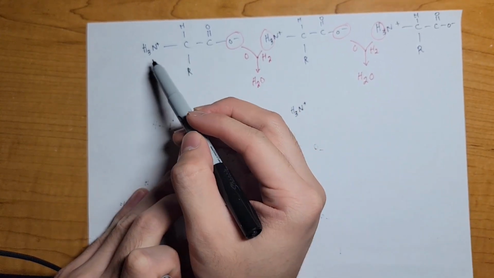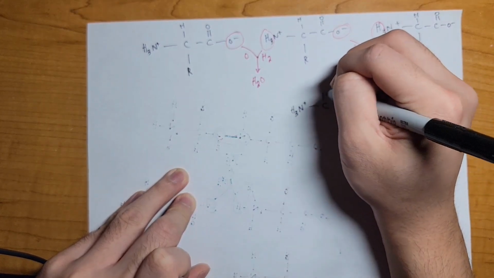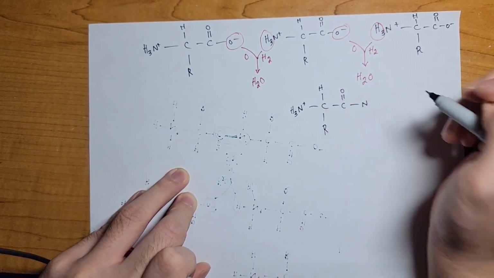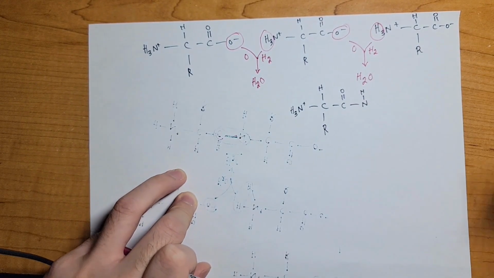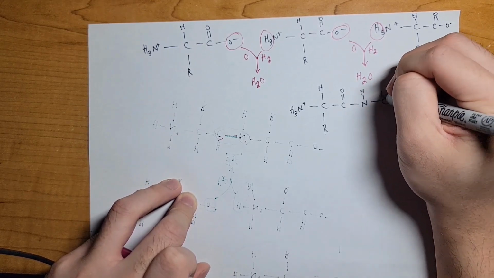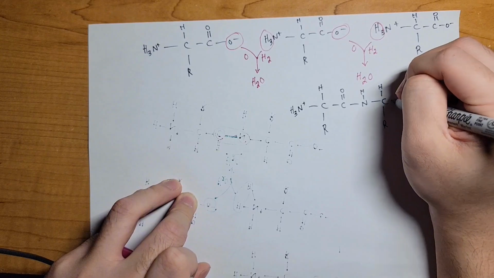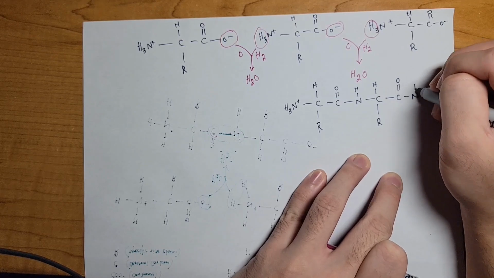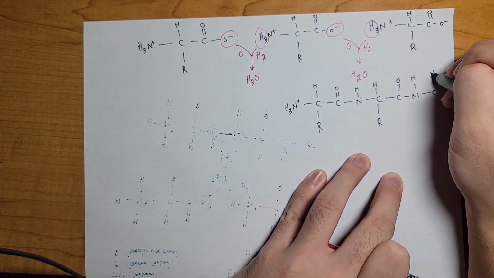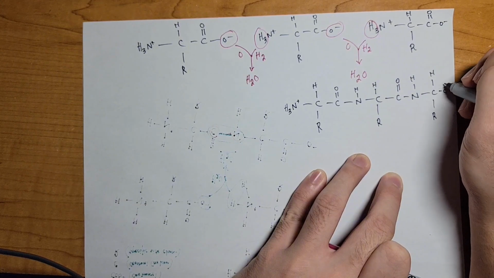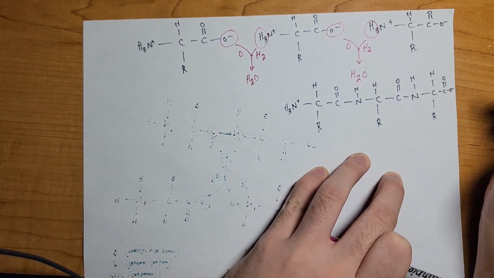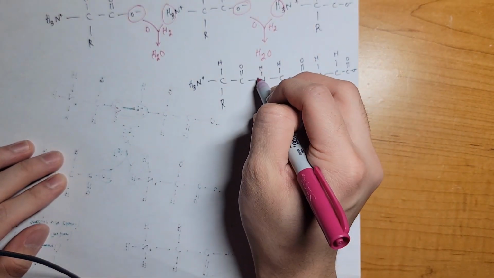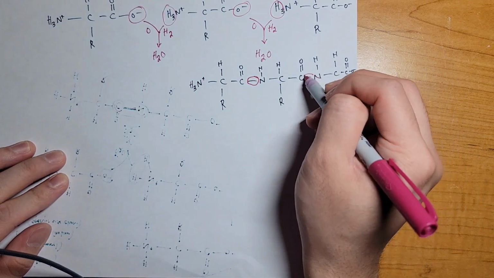We still have the H3N plus. That's the N terminal. The first amino acid is connected to the N, and then we still have one leftover H. I just had no space, but basically this is the first peptide bond, and this is another peptide bond.